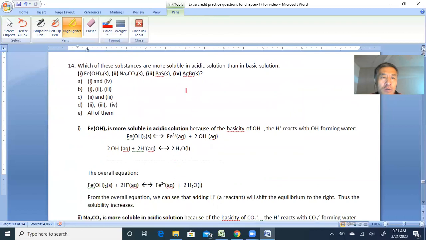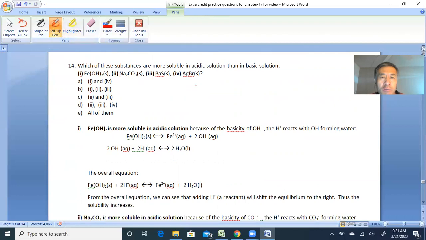All right, so question 14 is asking which of the following salts is more soluble in acidic solution than in basic solution. So basically, for our class, we were just using a simple rule.